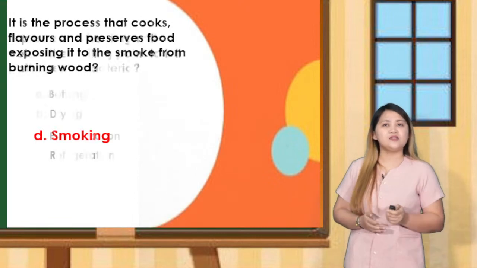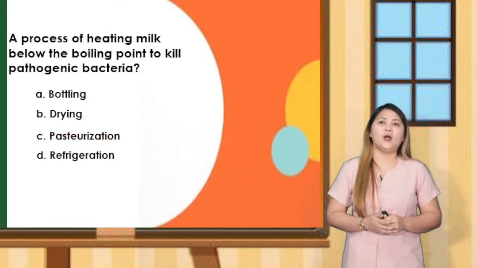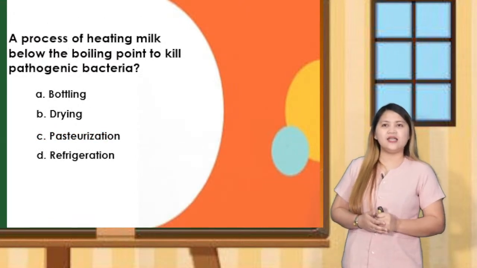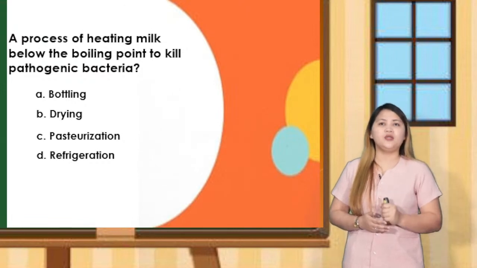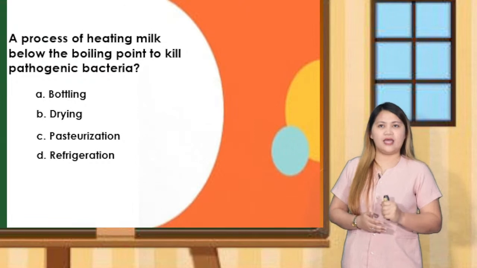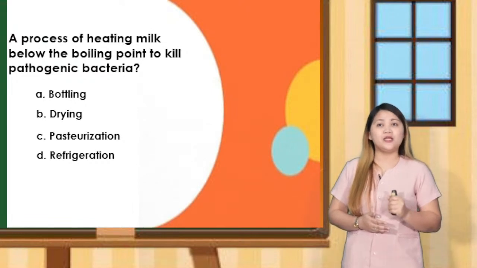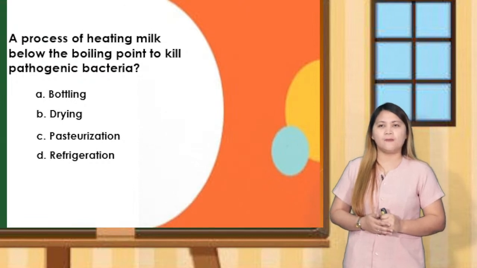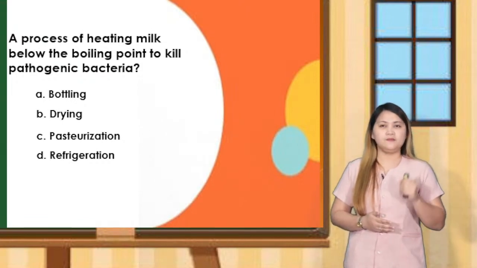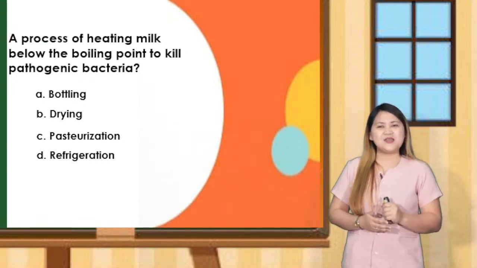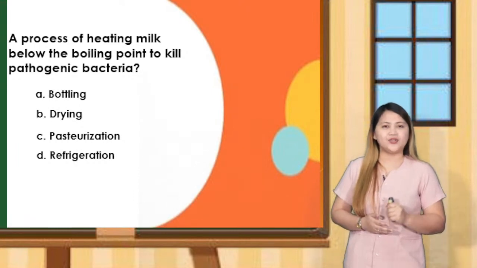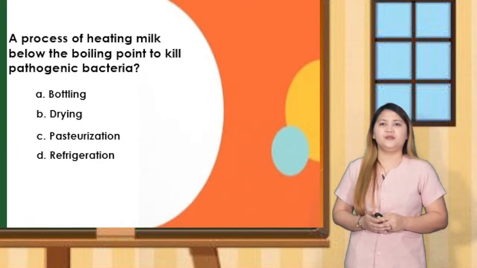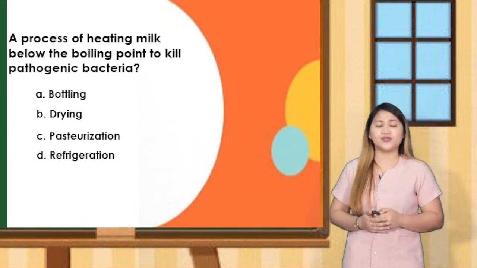And the last question is, a process of heating milk below the boiling point to kill pathogenic bacteria. A, bottling, B, drying, C, pasteurization, or letter D, refrigeration. And your answer is?